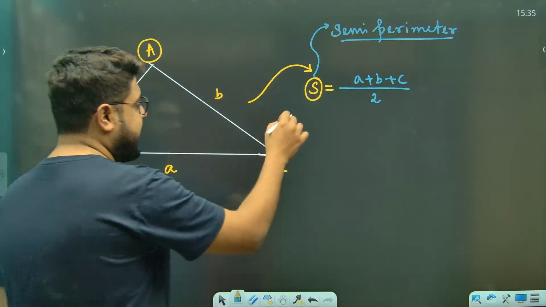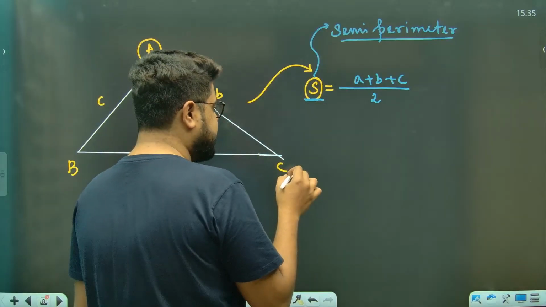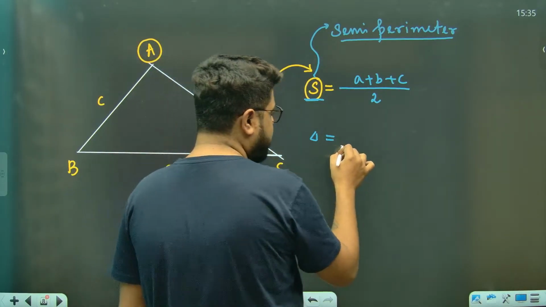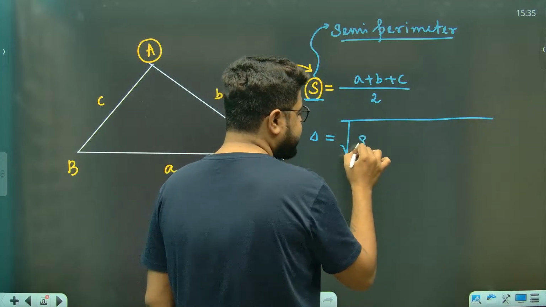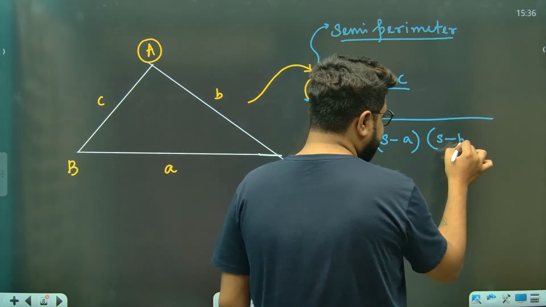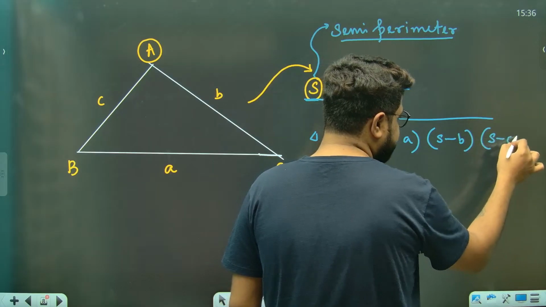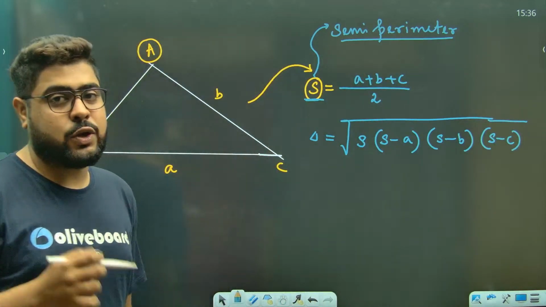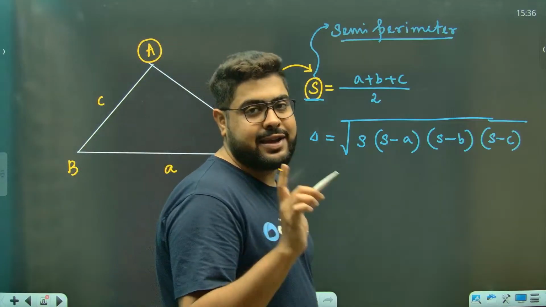So Heron says, if you know this, then the area of any triangle, in this case ABC, will be root over of S into S minus a into S minus b into S minus c. Look at my wording: area of any triangle.